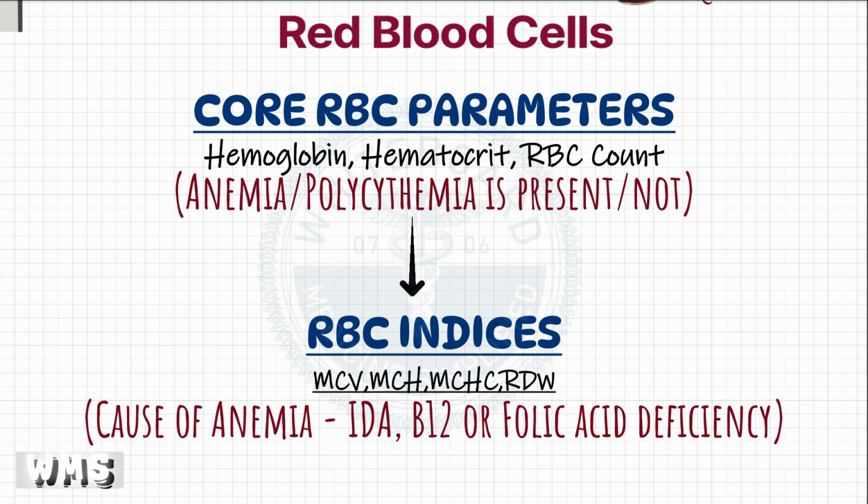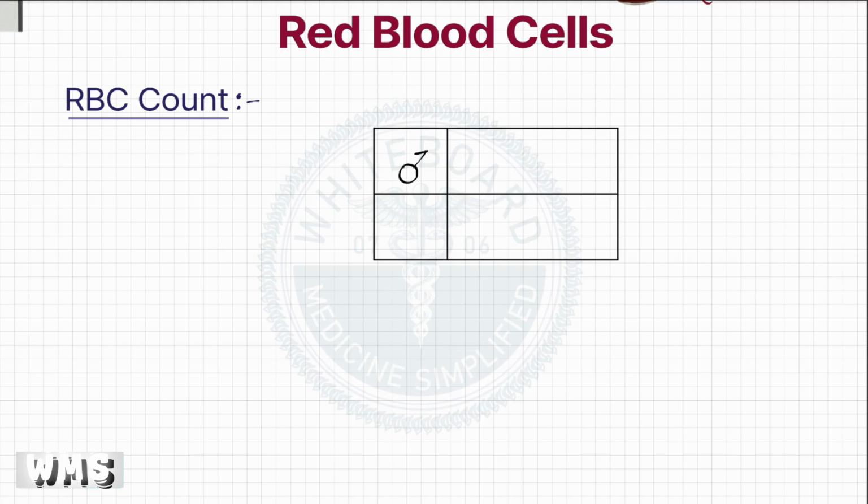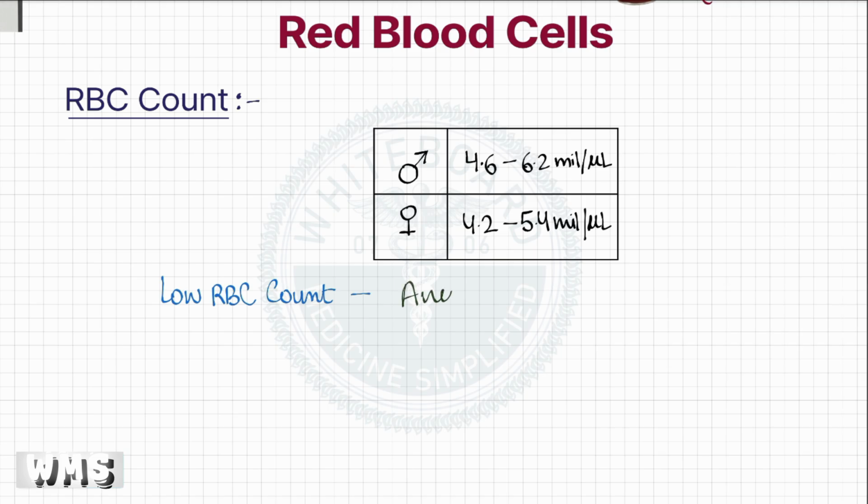In the core RBC parameters, we first discuss the RBC count. The normal RBC count in case of men is 4.6 to 6.2 million per microliter, and in case of females, it is 4.2 to 5.4 million. Low RBC count can lead to anemia, which means the blood has a reduced oxygen carrying capacity.